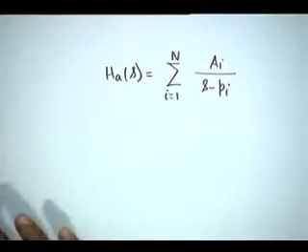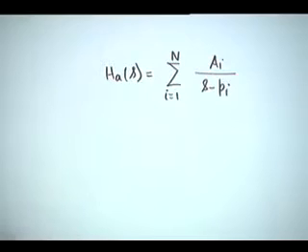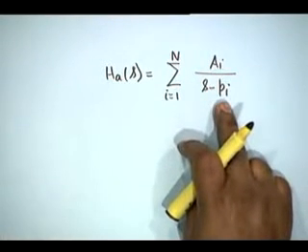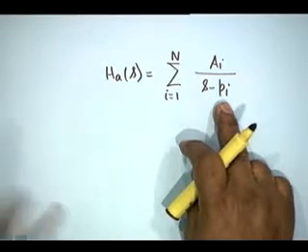Suppose we have capital N number of poles in the transfer function. Let all the poles be distinct. p_i can be real or complex, but the real part of p_i must be negative. s equal to p_i is the pole. Poles must be in the left half of the s plane. So, real part of p_i must be negative.